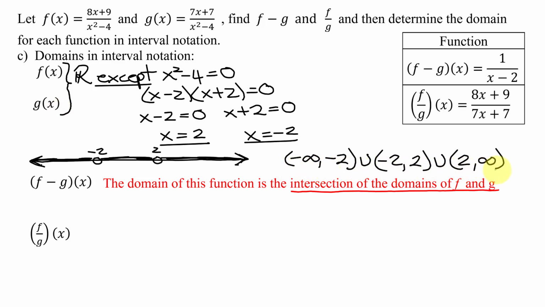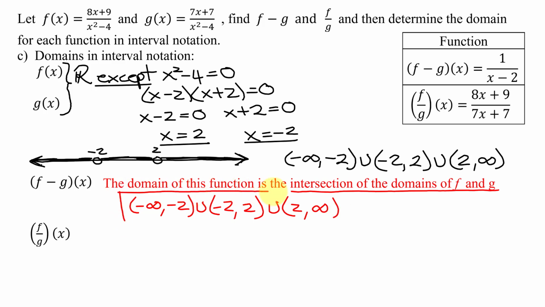So this is the domain of my difference function. So it's negative infinity to negative 2, open interval, unioned with the open interval negative 2 to 2, unioned with the open interval 2 to infinity.